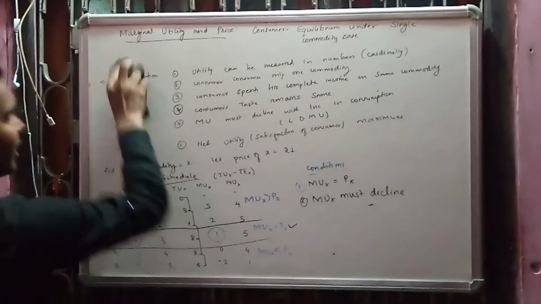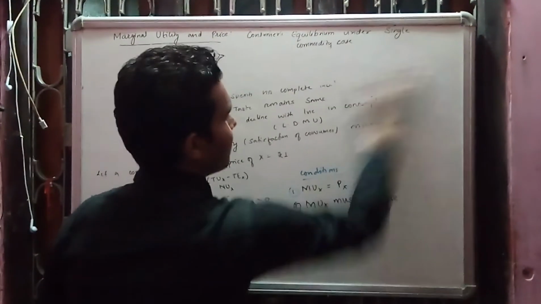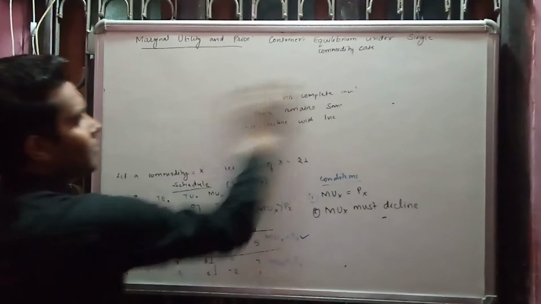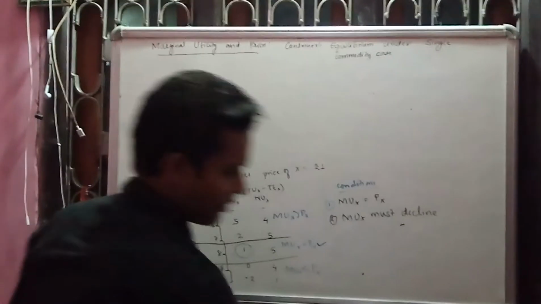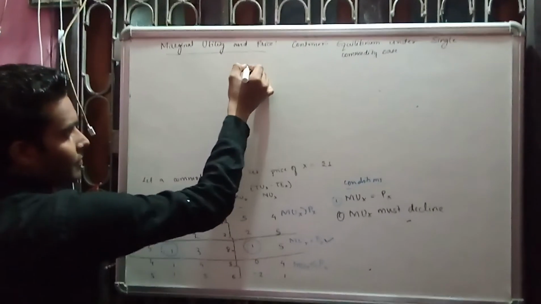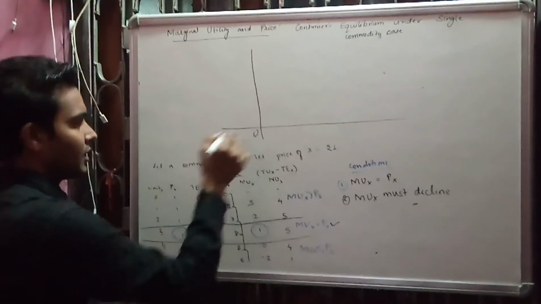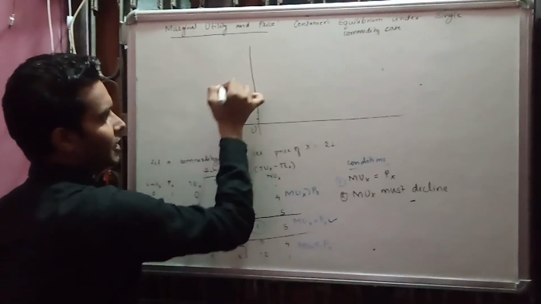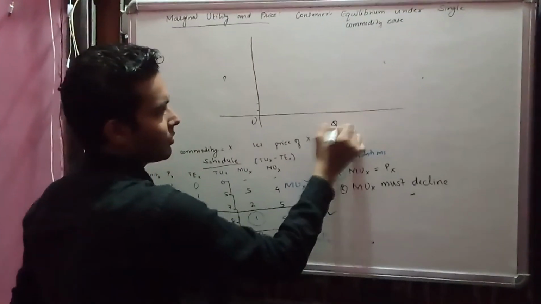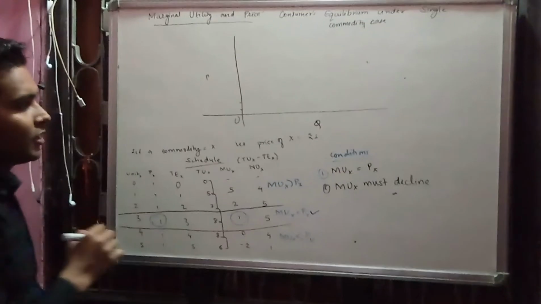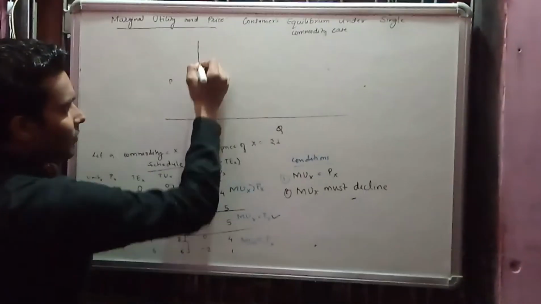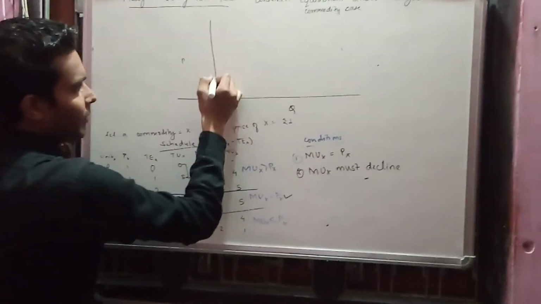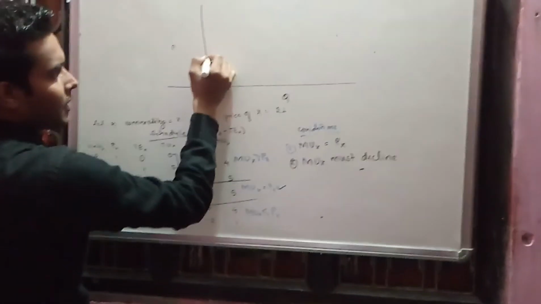Same we will do in a graphical way. Now let it be a graph. This side I may show price, this side quantity. Now I have to use MU. Let it be my price somewhere here. This is my price.